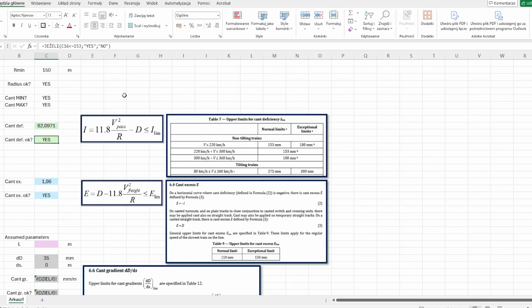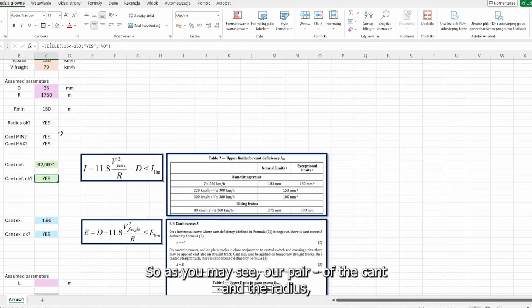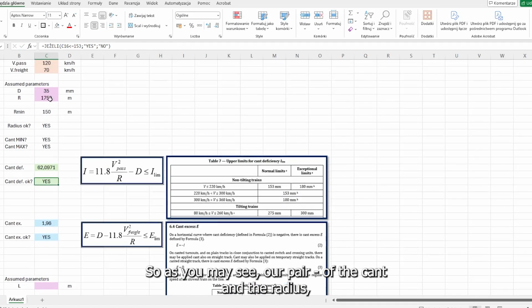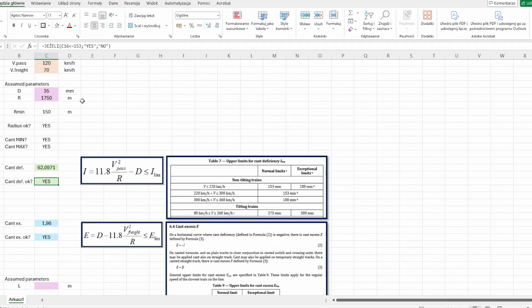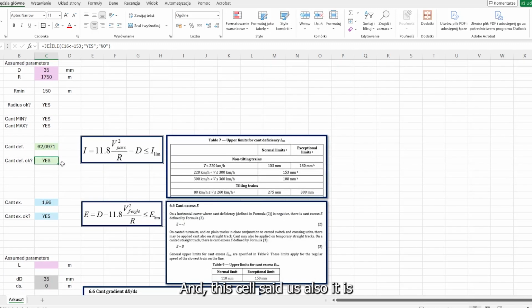So as you may see, our pair of the cant and the radius is assumed correctly, and these cells are also good. Yes, the cant deficiency is okay, and the cant excess is also okay.